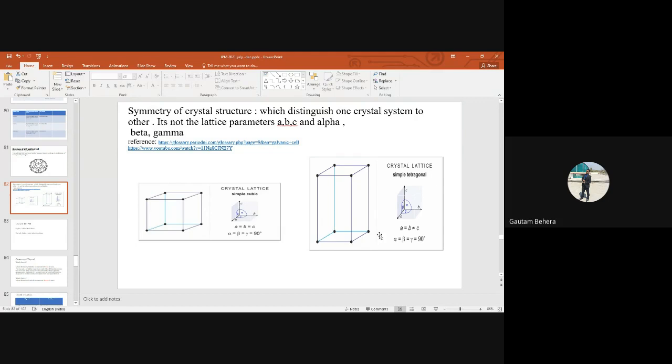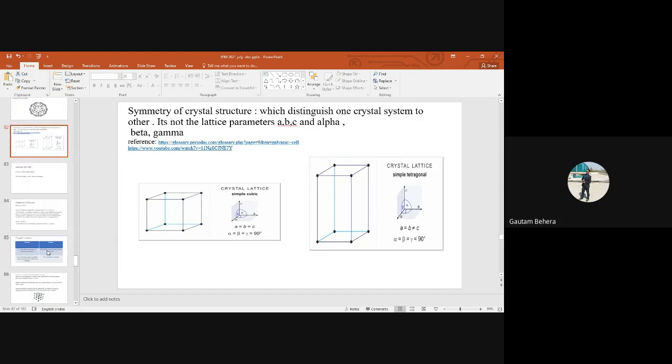One is the edge lengths, A, B, and C, because this is the origin, as I told. These are the basis vectors also. If you connect the origin to these points, these are basis vectors. So if the basis vectors or edge lengths and the interaxial angles are known, you can produce a unit cell. Yes or no?